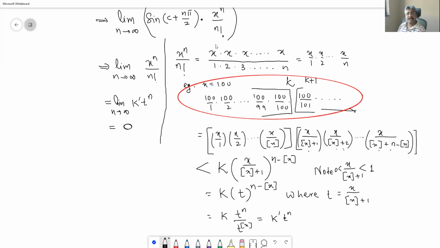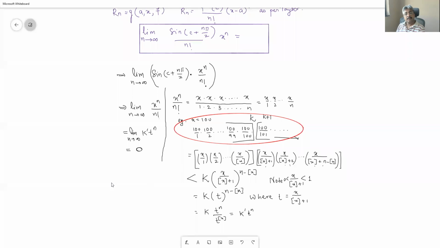I am keeping this entire proof again on the board, waiting for a couple of minutes. So this is where we can declare that the remainder term, Taylor's remainder, as n tends to infinity becomes 0. The sine series is a legal series and we can use it.